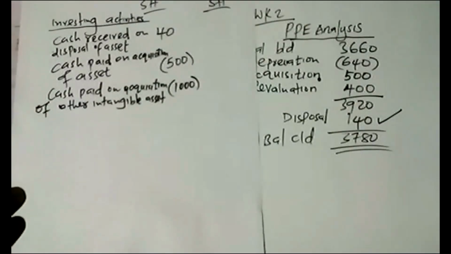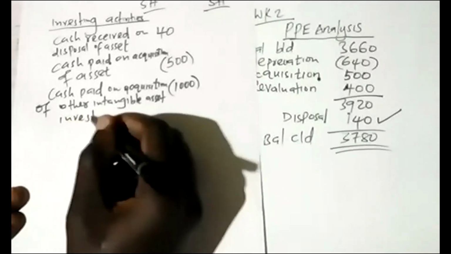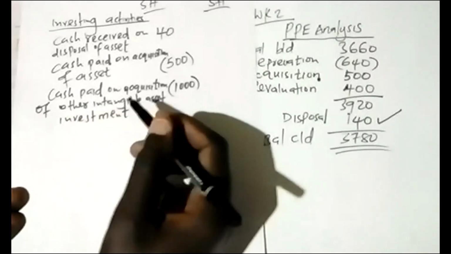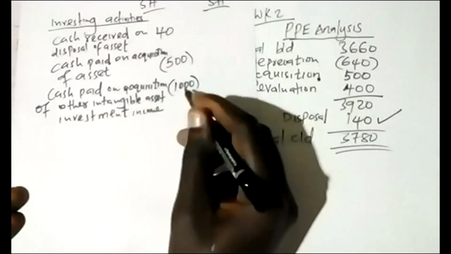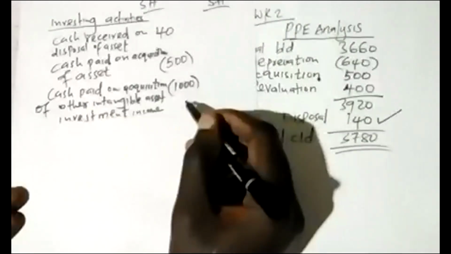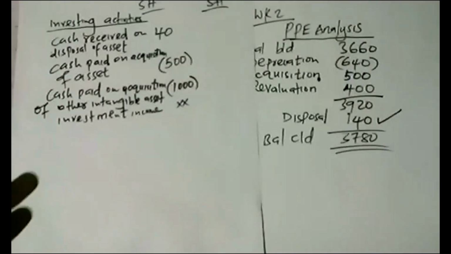Then after that, I said we consider investment income, but it was not there. Remember that if it was there, we would consider it under your adjustments, under the operating activities. But it was not there.